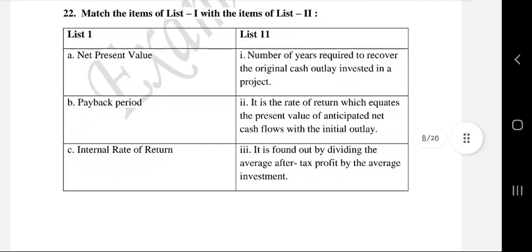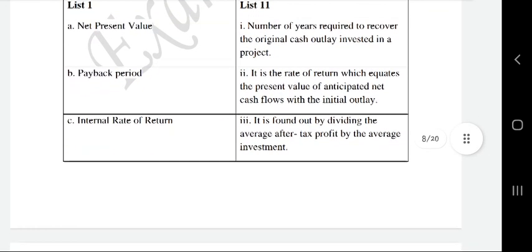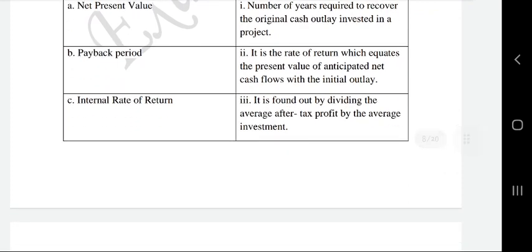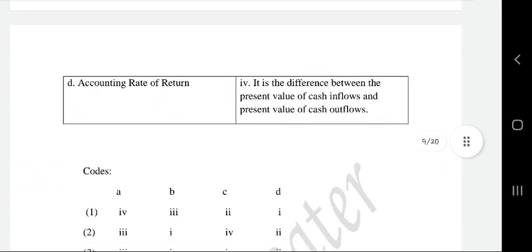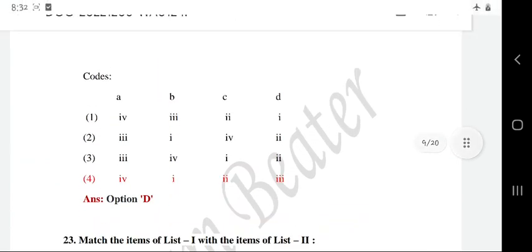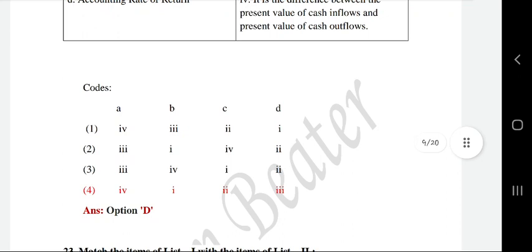Here you can see 4 items are given: net present value, payback, internal rate of return, accounting rate of return. Answer is option 4, that means 4, 1, 2, 3.